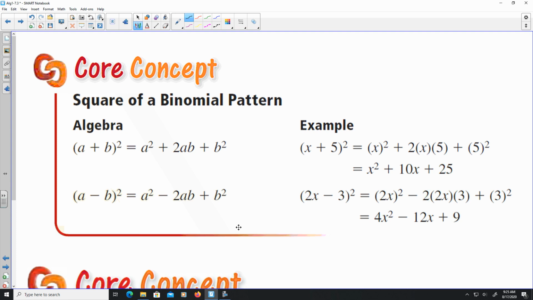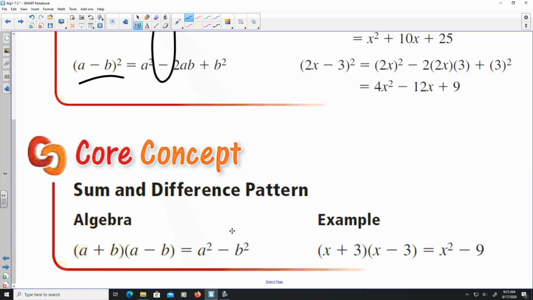First off, if you look at the perfect square binomials, we have a pattern. If you have a plus b quantity squared, the result of that is going to be a squared plus 2ab plus b squared. If you have it as a subtraction, the only difference is the 2ab is subtracted, everything else remains the same.